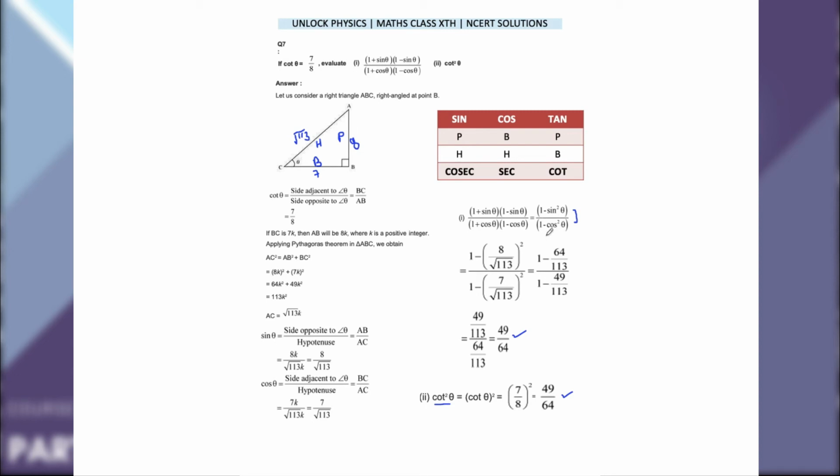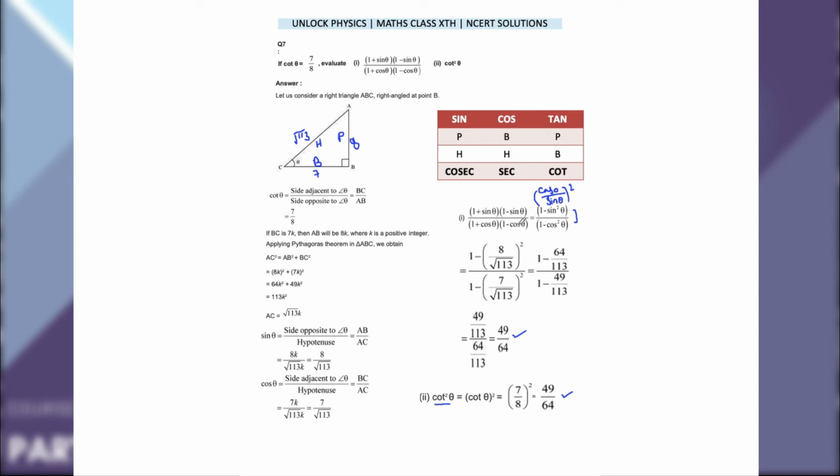Cos square theta gets cancelled and we are left with sine square theta. So here we are left with cos theta upon sine theta. Forgive me for my writing, please. And we have whole square for this.